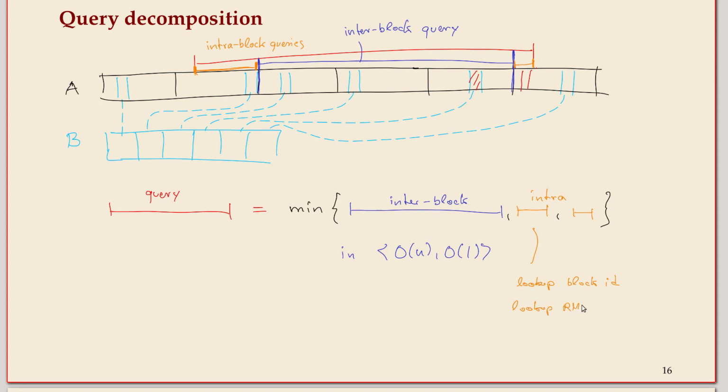So we look up RMQ in the big table by using the lookup ID as the first index, then I, and then J. So that all takes constant time. Each of these two takes constant time. That gives us 3 values. And so what remains is to find the minimum of these 3 values.